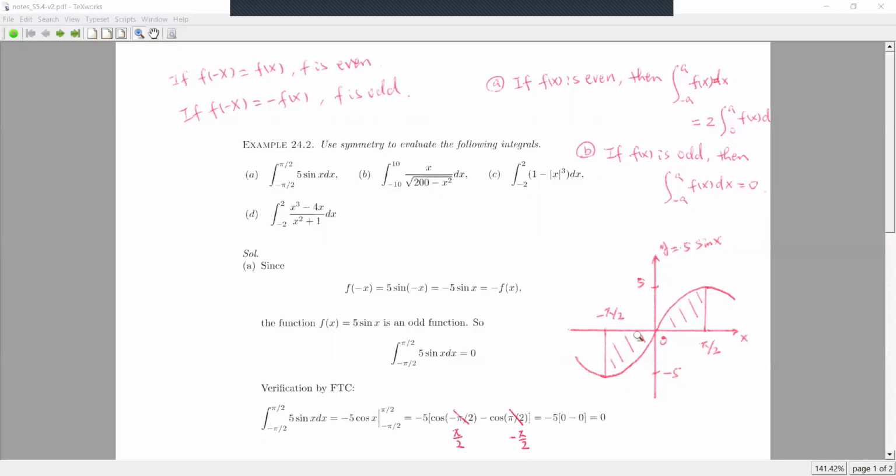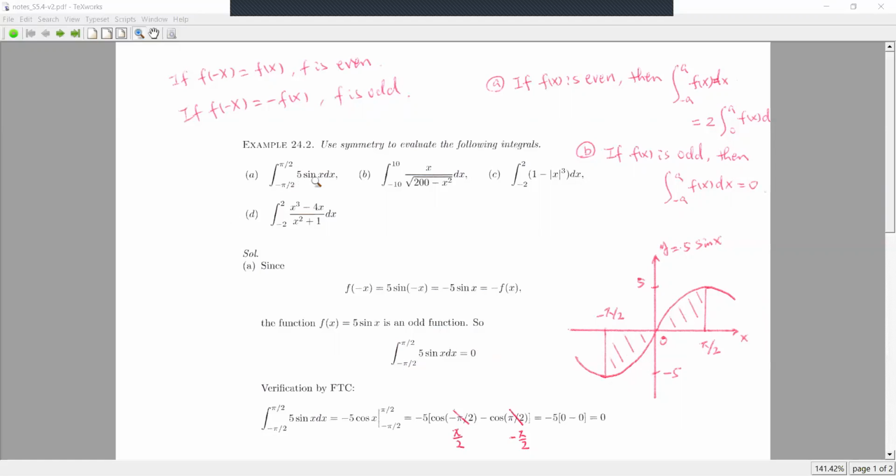And the area below the x-axis is this area. Clearly, these two areas are equal. So therefore, the net area of this shaded region is 0. So this integral is 0. So the answer to question A is 0.